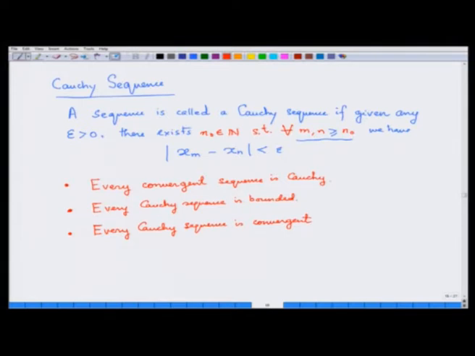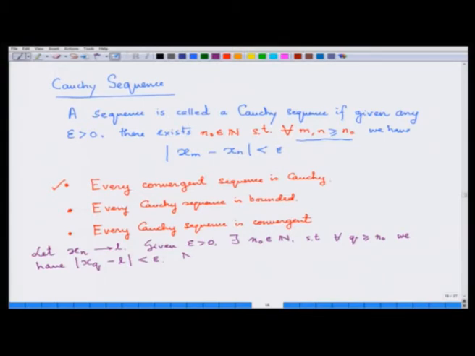For example, if I want to prove that every convergent sequence is Cauchy, how do I do it? Take a convergent sequence, let x of n go to L. Now, given epsilon greater than 0, there exists some n naught depending on epsilon, a natural number, such that for all q bigger than or equal to n naught, we have mod of x q minus L strictly less than epsilon.